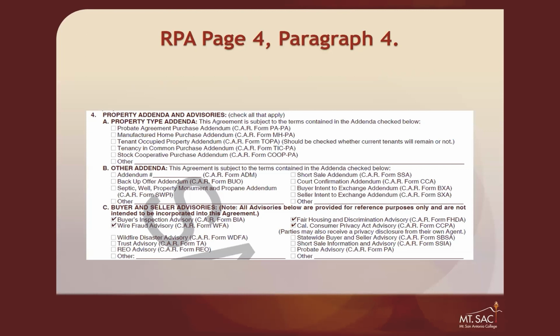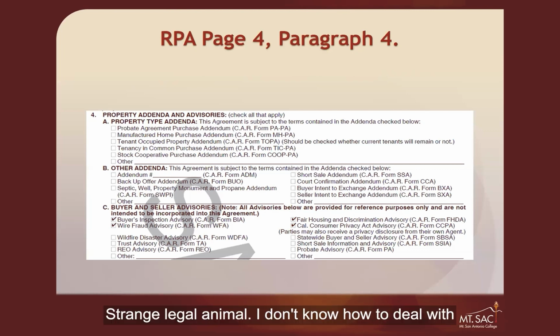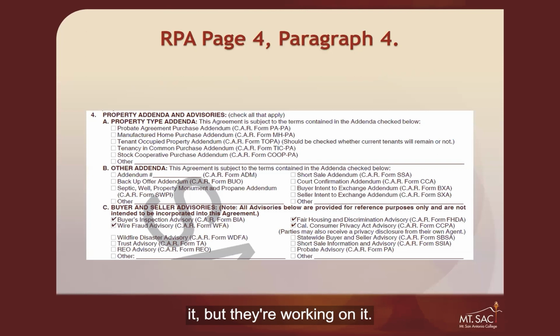That's not a subdivision. That's one property with 4 owners as tenants in common with one deed, right? Strange legal animal. I don't know how to deal with it, but they're working on it.